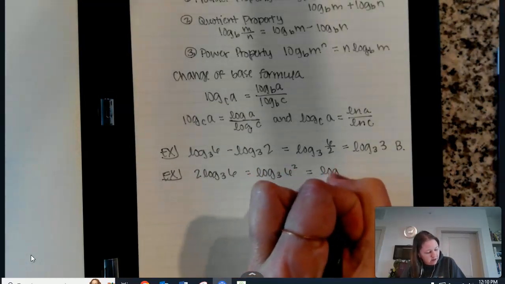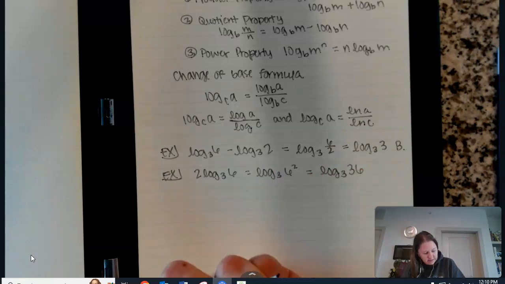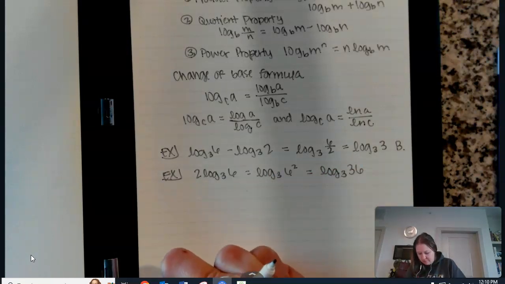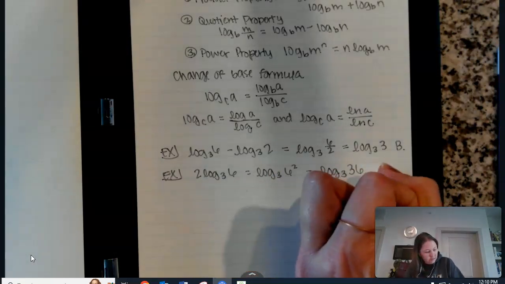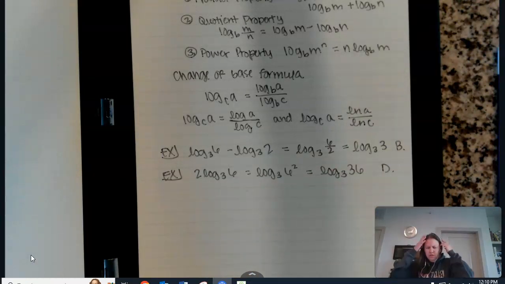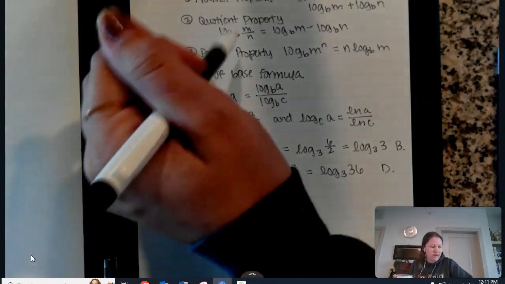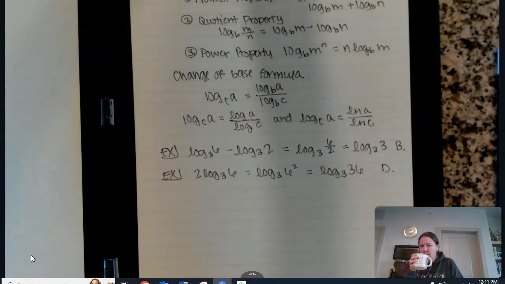So log base 3 of 36, which would be option D. Cool. So hopefully you kind of get the hang of what we're doing there. So 9 through 12 was just match the expression with the log that has the same value and then justify your answers. You could just justify it with what property you use.